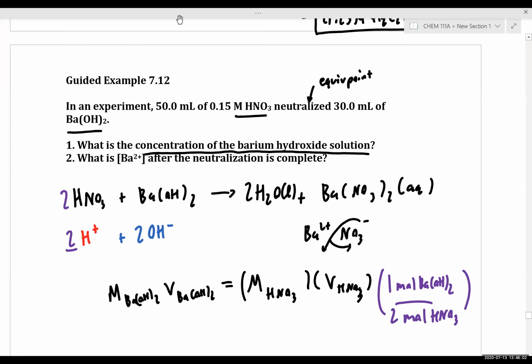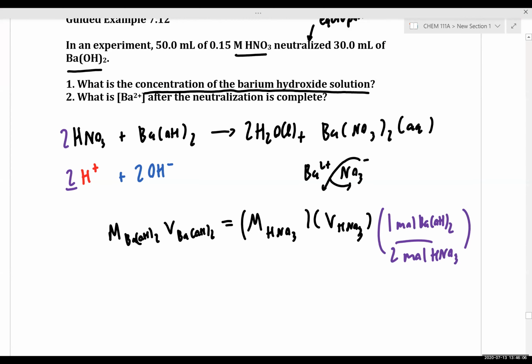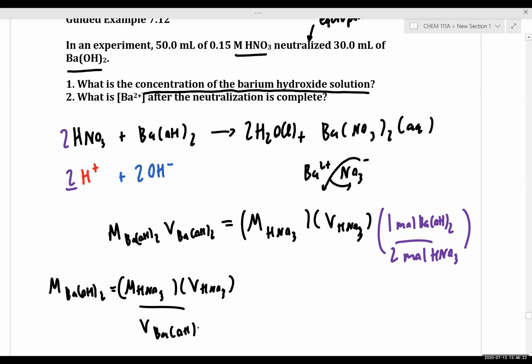So now we can solve for the molarity of our barium hydroxide solution. The molarity of barium hydroxide is equal to the molarity of nitric acid times the volume of nitric acid over the volume of barium hydroxide times 1/2.